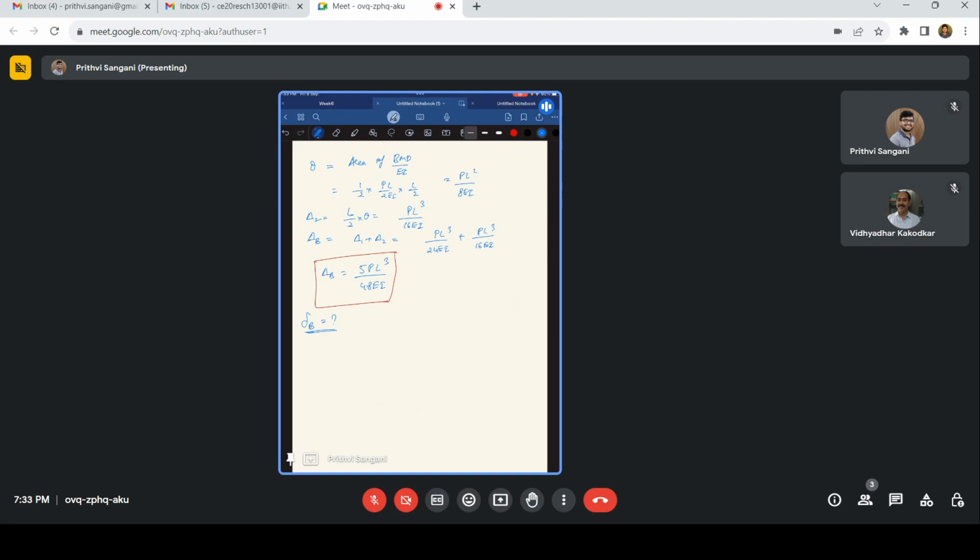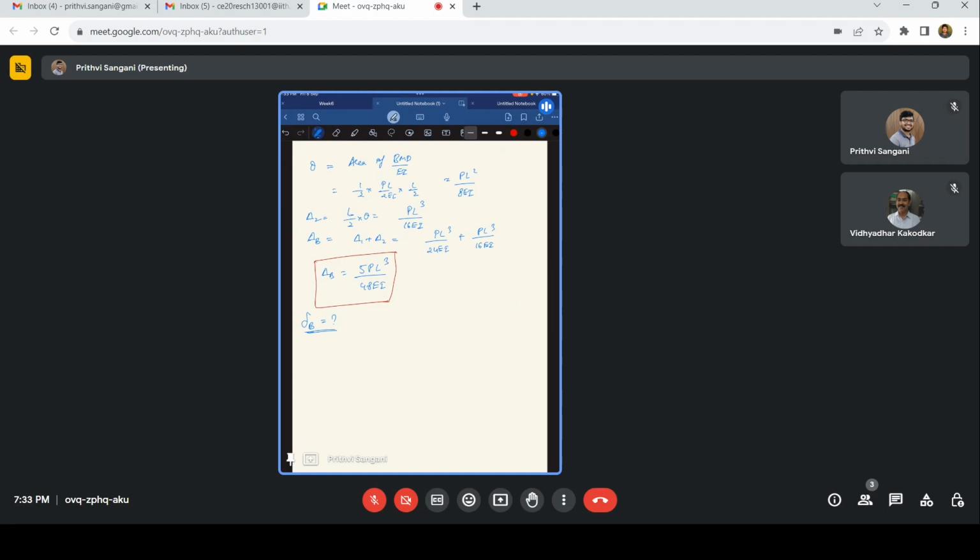This is 8 kilonewton per meter, and we also have a horizontal force on this member. Please assume this as UDL. This is 4 kilonewton per meter. Not to scale, but please assume this as 8 and this as 4 kilonewton per meter.